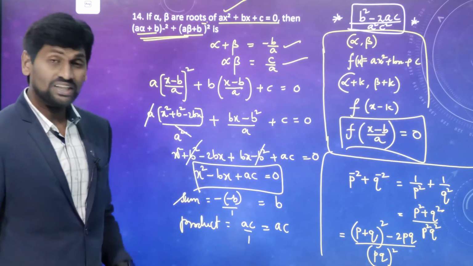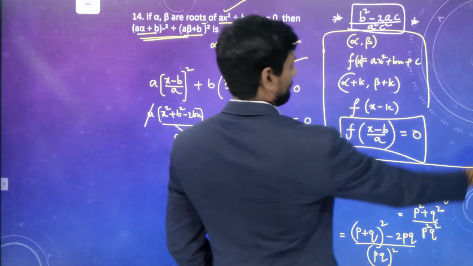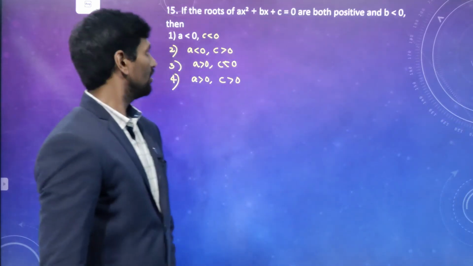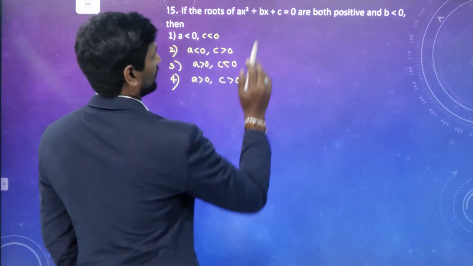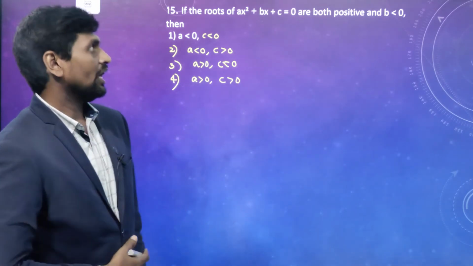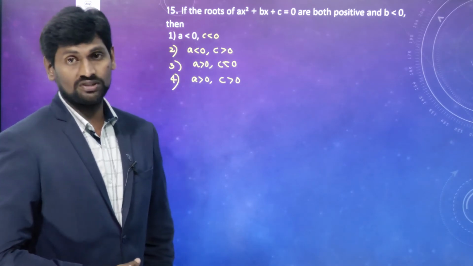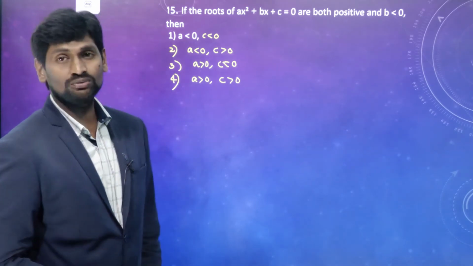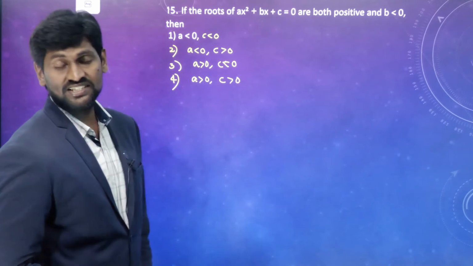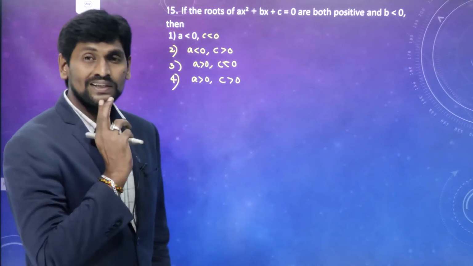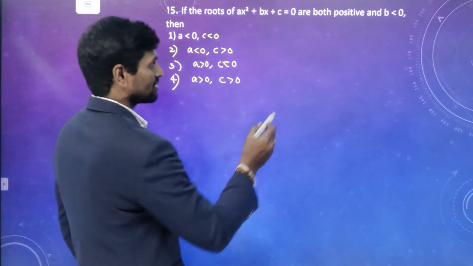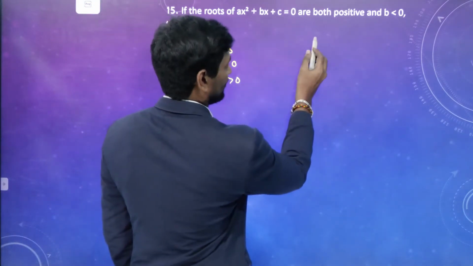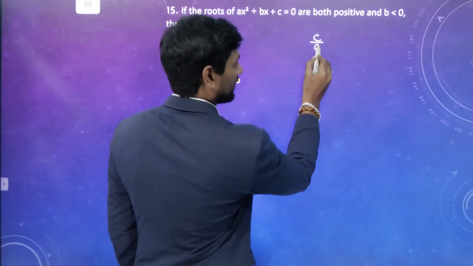Yeah, let us go to the next problem. Right. If the roots of ax square plus bx plus c equals 0 are both positive, both roots are positive and b value is less than 0. So according to the properties of quadratic equation, we have discussed about the roots. For this quadratic equation, product of roots is c by a.